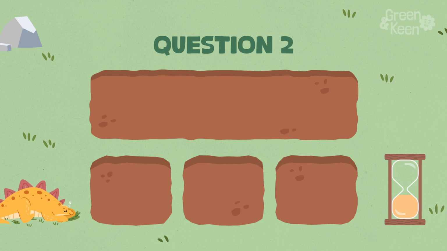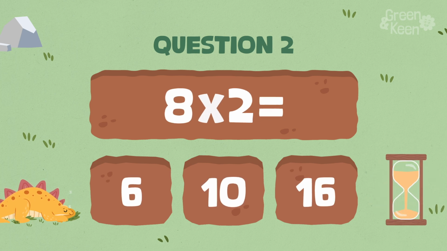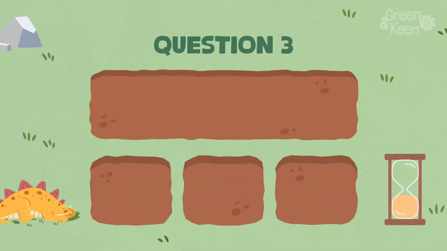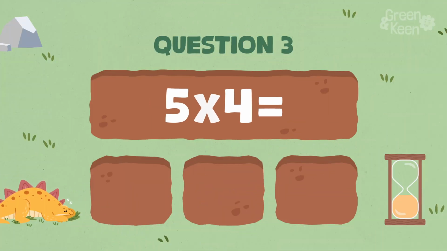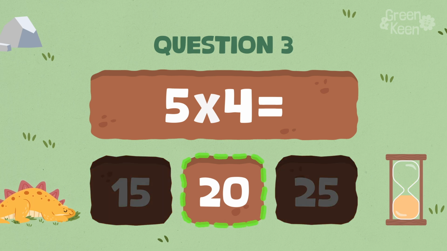Question number 2. 8 times 2 equals... The answer is 16. Question number 3. 5 times 4 equals... The answer is 20.